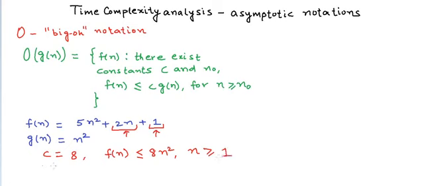So for c equal to 8 and n₀ equal to 1, we can say that f(n) is an element of the set big O of n². And we often also say this as f(n) = O(n²). And let us now plot these two functions on a graph.